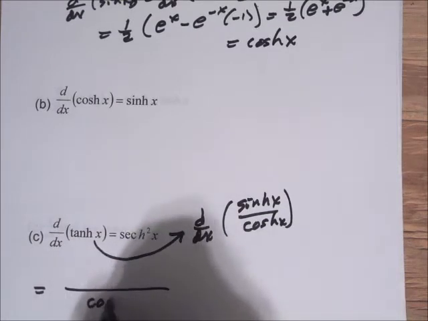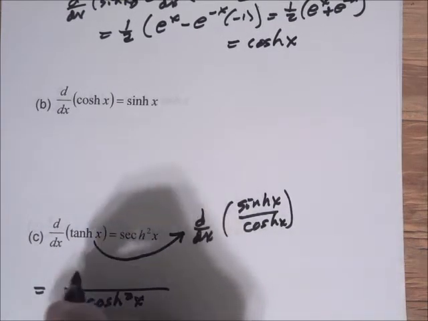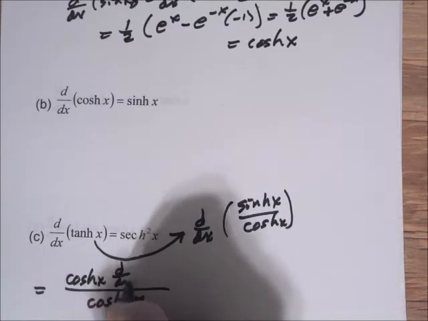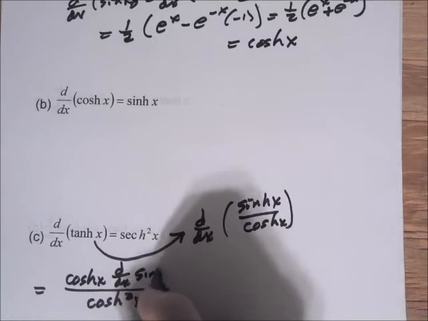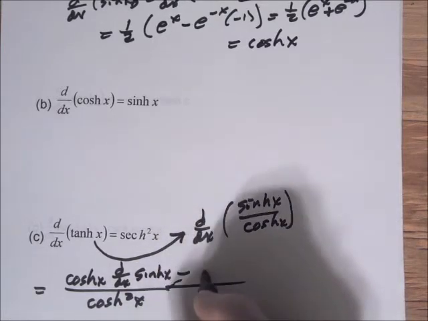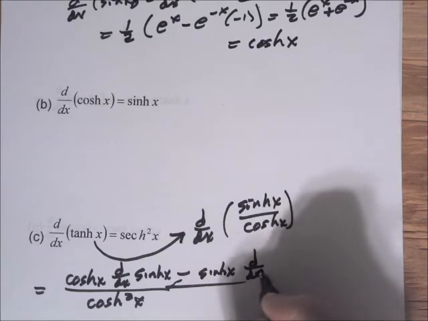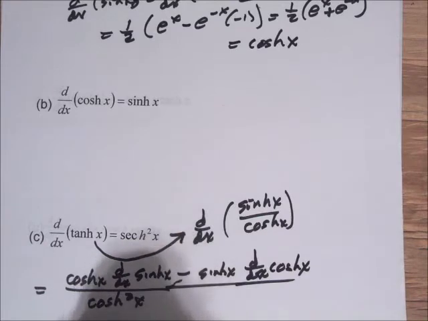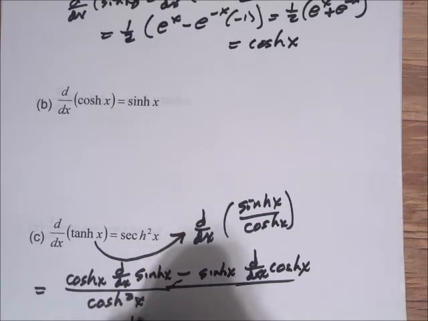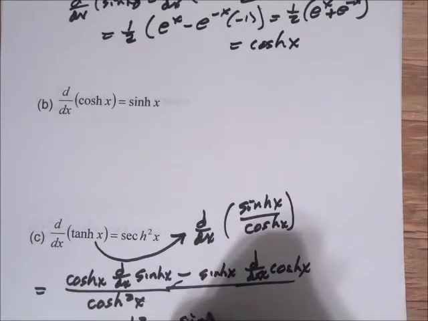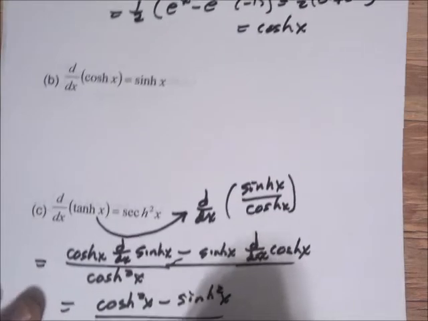So we'll have cosh squared x on the bottom, cosh x times the derivative of the numerator, which is the sinh x, minus the sinh x times the derivative of the denominator, which is cosh x. So derivative of sinh is the cosh, so this is going to be cosh squared x. Derivative of cosh is the sinh, minus sinh squared x all over cosh squared x.